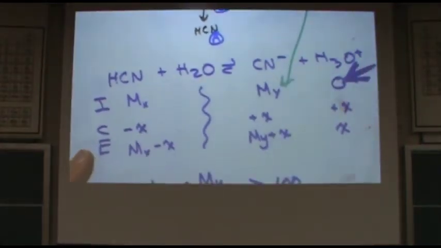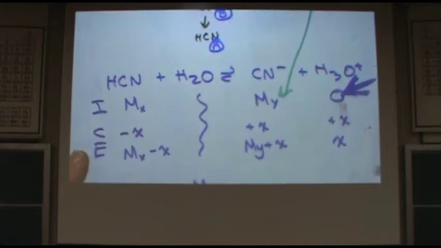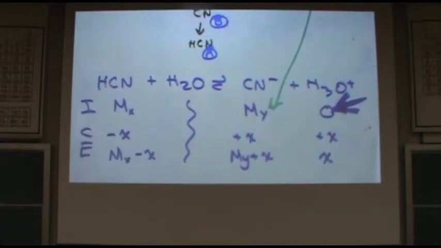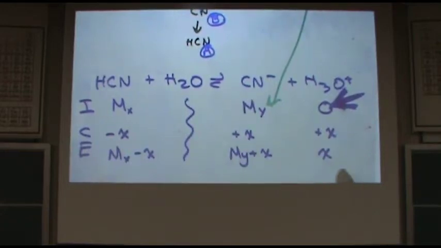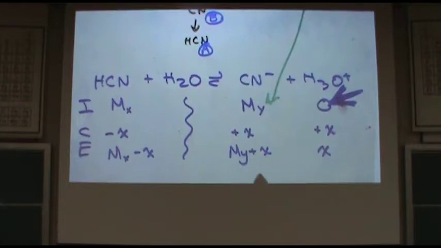So when you write the E line of the ICE table, let me just show you a random ICE table here. It's not this one, but let's say you're doing something for pressures and you see the words total pressure in there. For all the gases, you need to add up the E line because these are the partial pressures.